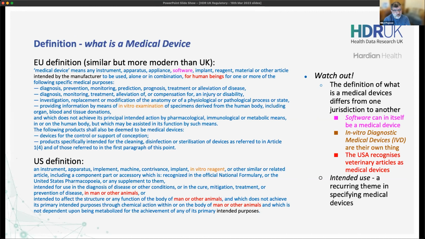Number one is probably you're here doing this today, so you don't need to be told that software in itself is defined as a medical device. And in the primary EU definition, it says software. It doesn't in the US, but we'll come on to that. So software can itself be a medical device.